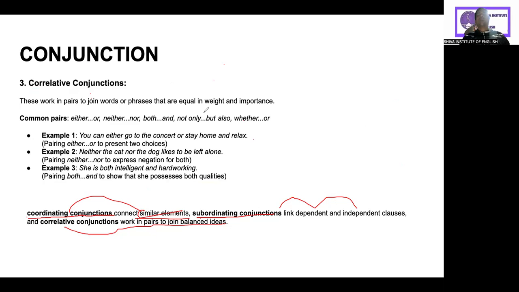So, I took my food. Why? Because I was hungry, isn't it? That's why the word because is working as a subordinating conjunction, which generally is used with incomplete information, joining the independent with the dependent.